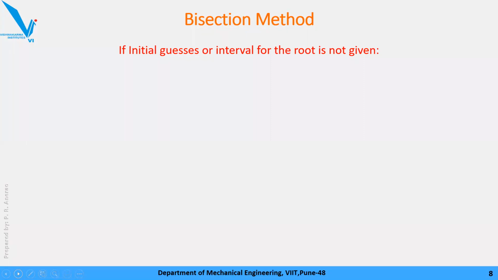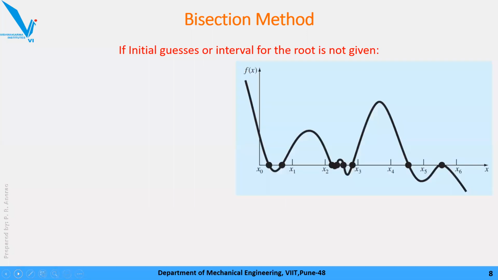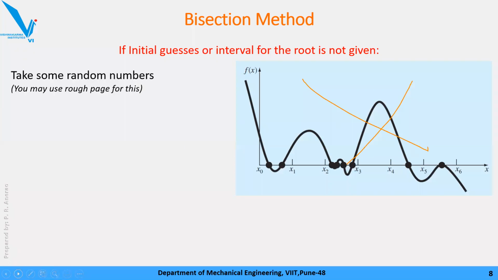If the initial guesses or interval for the root are not given, how will we find them? Whatever I am going to tell you now applies because we don't always have a graph, no facility of having a graph for the solution. So without a graph, how can I solve this?